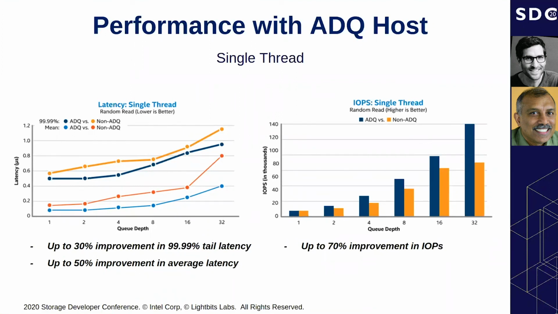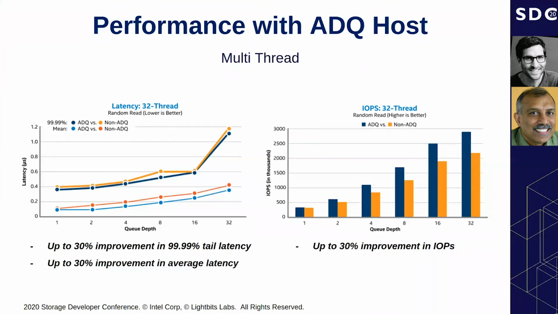And on the tail 4 nines latency, we can see an improvement of up to 30% depending on the queue depth as well. If you look at the right-hand side, we have up to 70% improvement of a single thread 32 queue depth load. That means that we have higher IOPS and lower latency for that thread that's now leveraging ADQ.